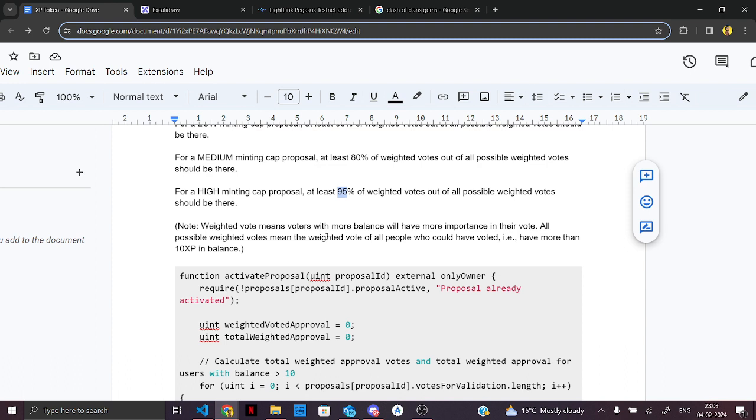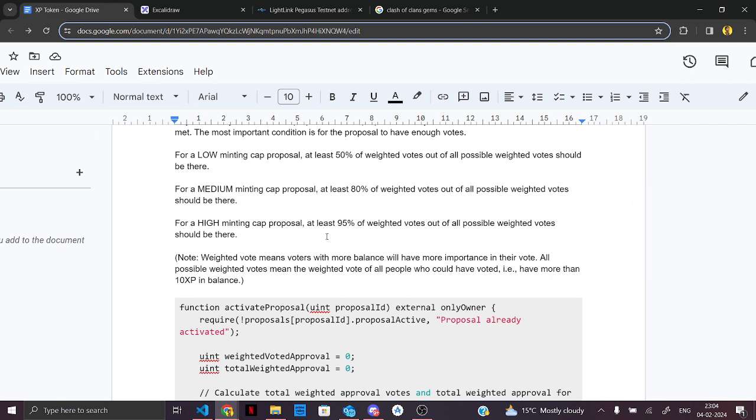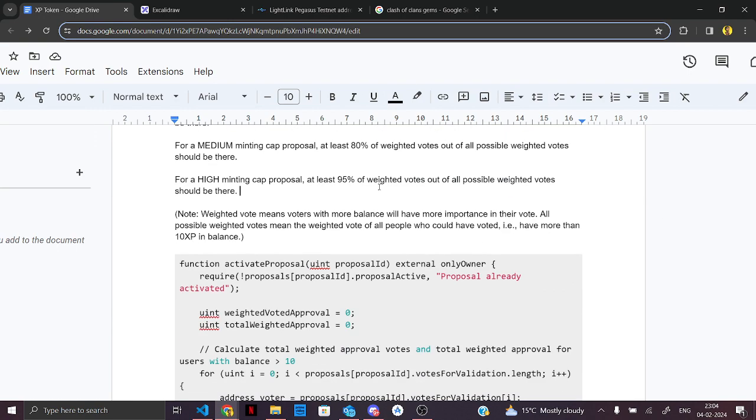All people who have more than 10 XP in their balance are potential voters. So the total magnitude of these votes, the maximum number of not only votes but weighted votes which a proposal can have, is basically all possible weighted votes. That ratio will be taken.